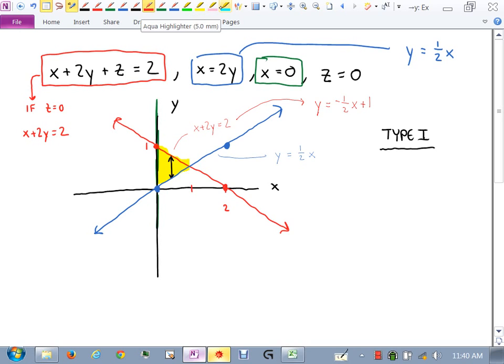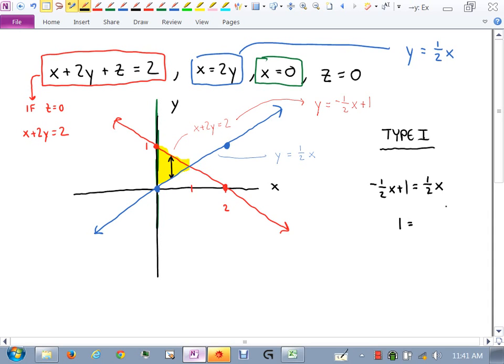Set those two equal to each other just to make me feel like we are complete. If we set negative 1/2 x plus 1 equal to 1/2 x, well, that's pretty clean, isn't it? Add the 1/2 x to both sides and you get x equals 1. It's pretty straightforward.